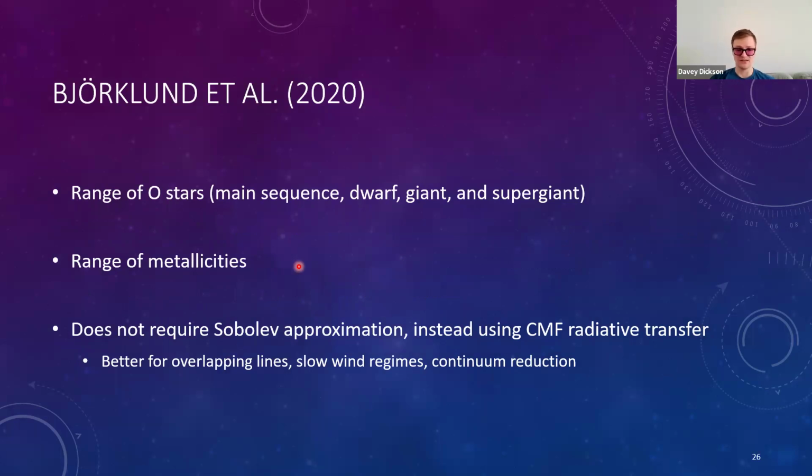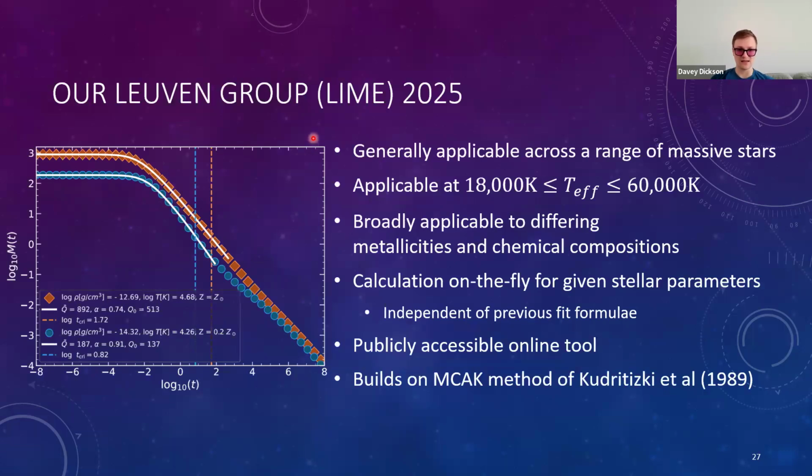Moving back to the Sobolev approximation from the CMF, our group here at Leuven recently put out the LIME method, which is a publicly accessible tool online that, rather than giving a table of reference values from calculations done in advance, does calculations directly with the chemical composition and stellar parameters of a specific star, and follows the MCAK method, a modification of the MCAK method previously discussed.